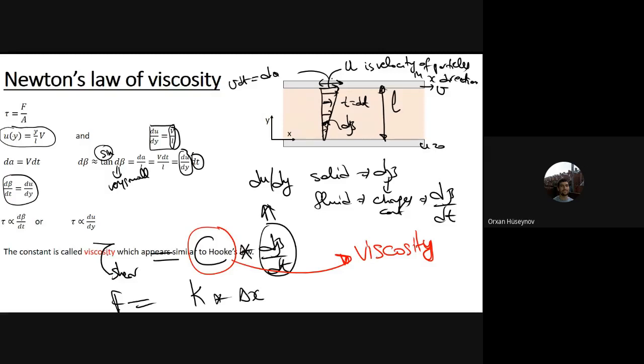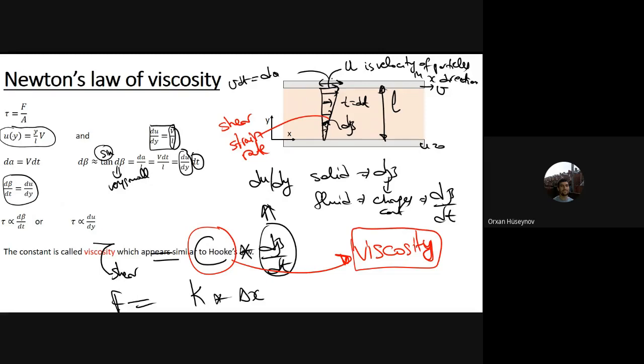If the applied shear stress is proportional to this shear strain rate, because the angle changes, it is shear strain rate, actually not strain, and this proportionality constant is called viscosity.